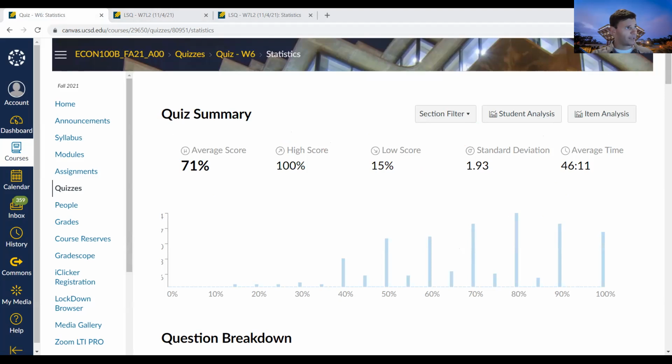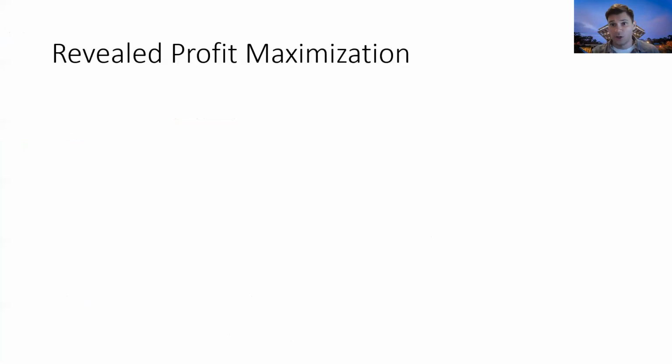So let's go ahead, and I want to pick up about where we had left off last class, discussing the weak axiom of revealed profit maximization. We had left last class thinking about doing the following.